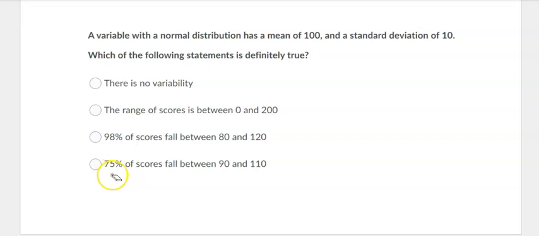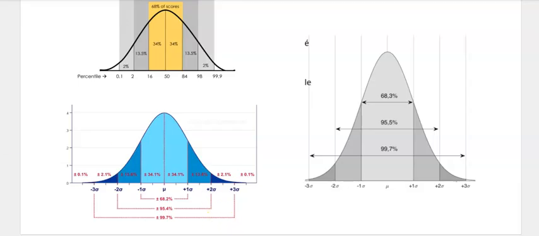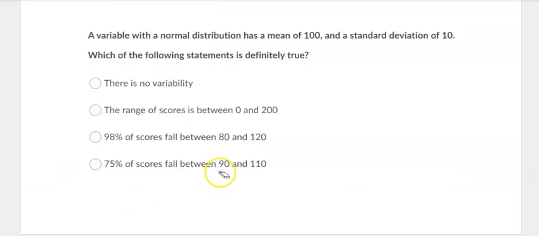And this one: 75% of the scores fall between 90 and 110. Let's see about this one. You can see that 75% is the first part here, between 90 and 110, so that is the standard deviation 1 area. So that is the correct answer.